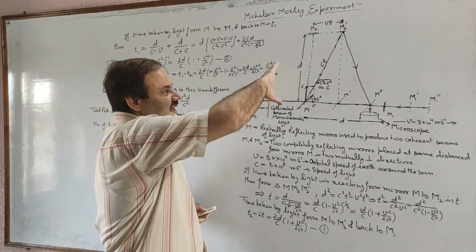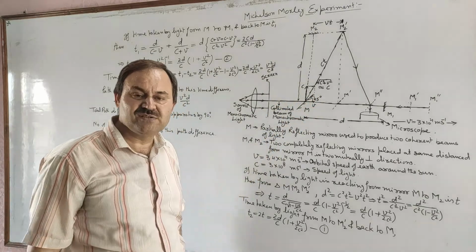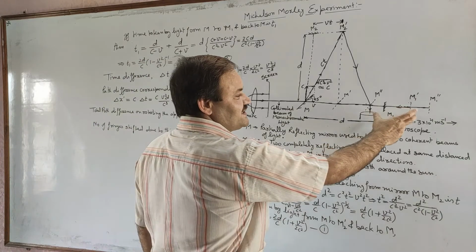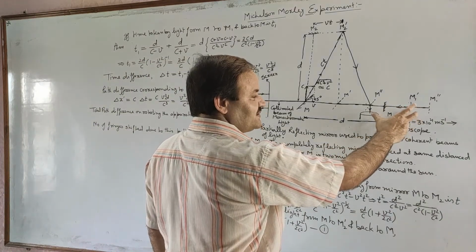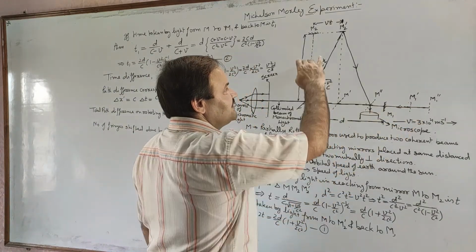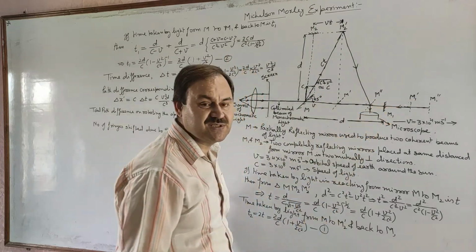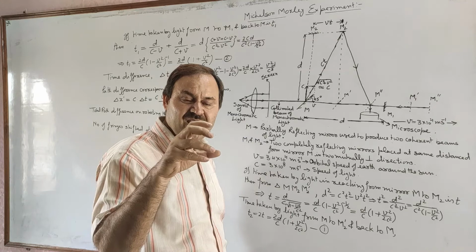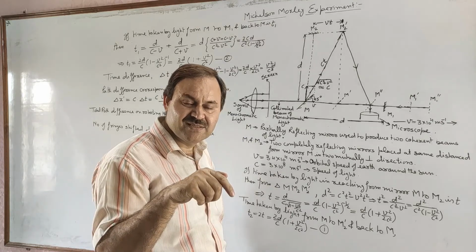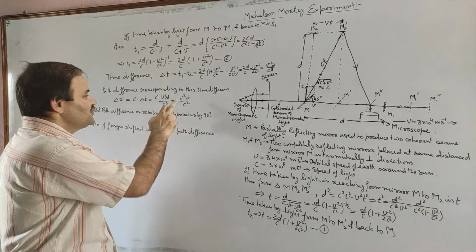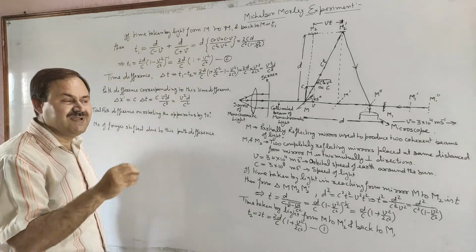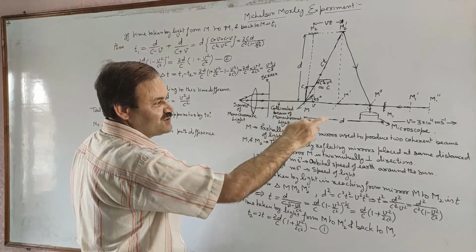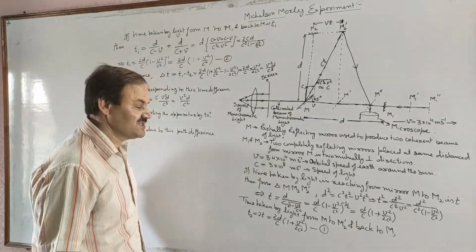Now the entire apparatus is rotated through an angle of 90 degrees, so that this longer path becomes shorter while this shorter path becomes longer. So due to the rotation of the apparatus through 90 degrees, a negative path difference of the same amount will also get introduced in the paths of the two interfering beams.